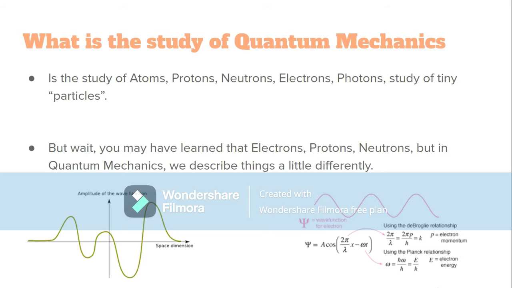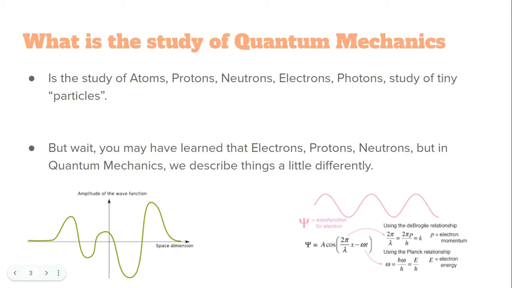Okay, so let's start with the study of quantum mechanics. Quantum mechanics is the study of atoms, protons, neutrons, electrons, photons, stuff like that. It's the study of tiny particles. But wait, you may have learned that electrons, protons, and neutrons, basically subatomic particles, were particles.